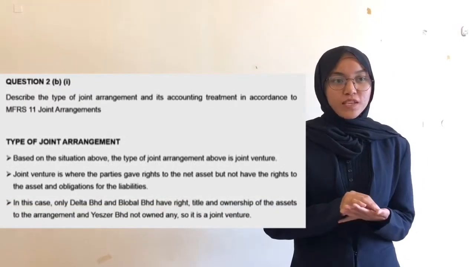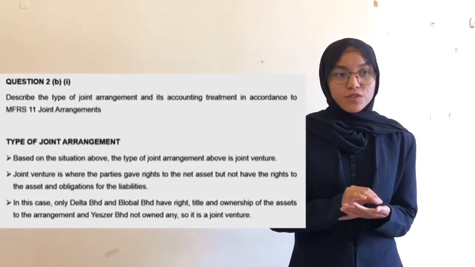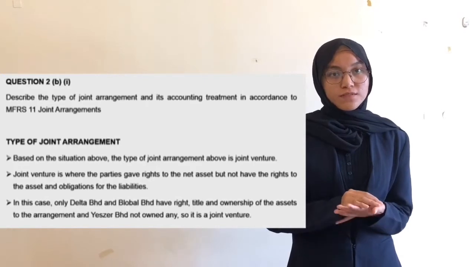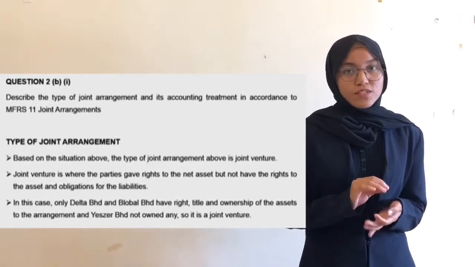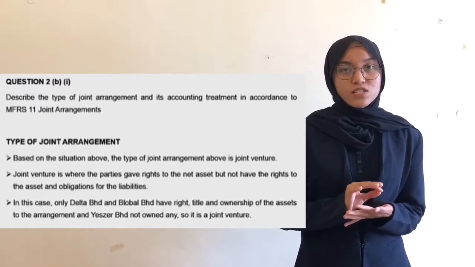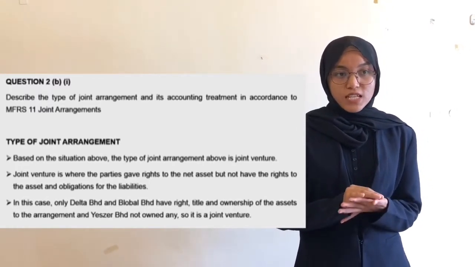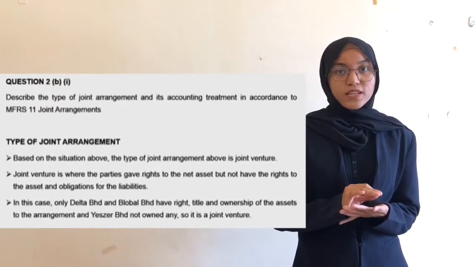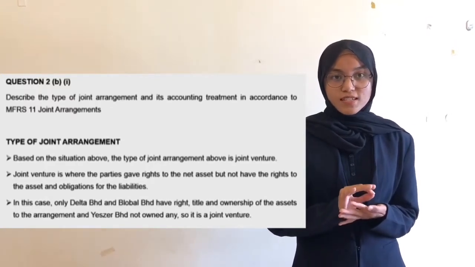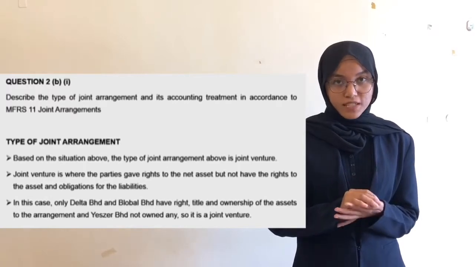Next, question 2B1. Describe the type of joint arrangement and its accounting treatment in accordance with FRS 110 joint arrangement. Based on the situation above, the type of joint arrangement is a joint venture. A joint venture is where the parties have rights to the net assets but do not have rights to the assets and obligations for the liabilities.